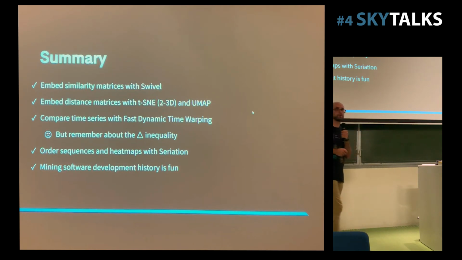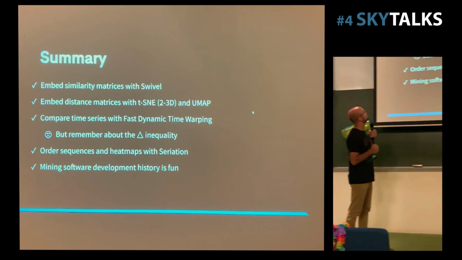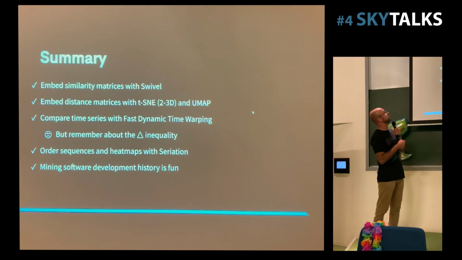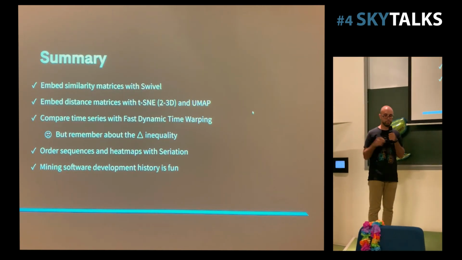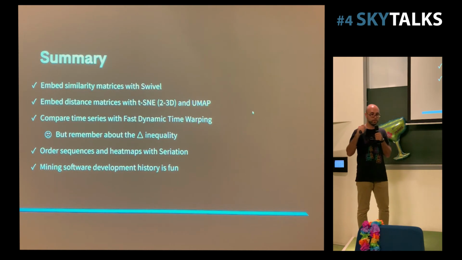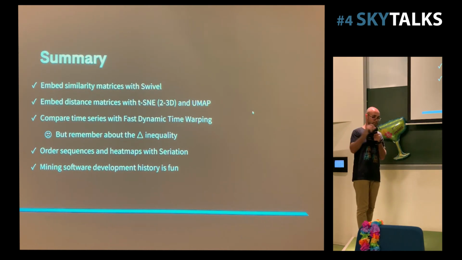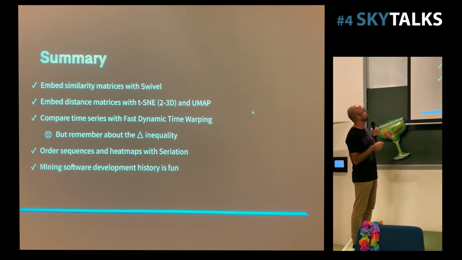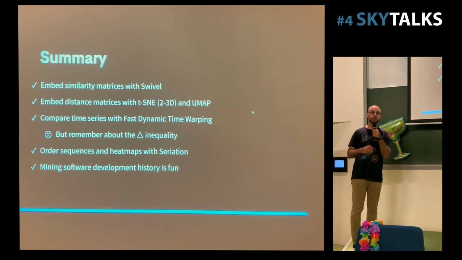To summarize today's talk, here are the core insights which I want you to remember. If you have a similarity matrix, a matrix where every cell corresponds to how much a pair of items are similar to each other, apply swivel, apply TSNE, and you'll get these nice 3D visualizations, and investors will love you.